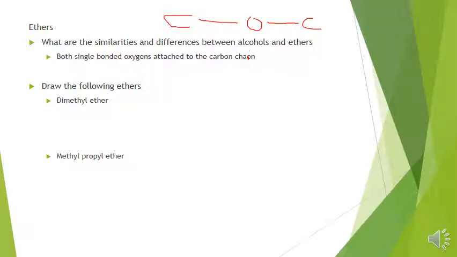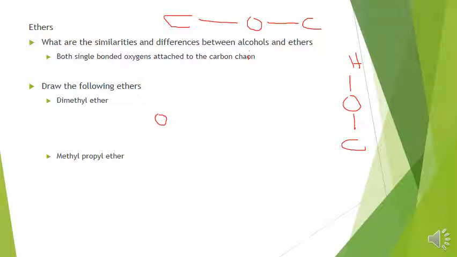So in alcohols, the oxygen has single bonds to a hydrogen and a carbon. For an ether, the oxygen has single bonds to 2 carbons. All right. So what I'm going to do is give you a name, figure out the formula, or you could go all the way around. So when you have an ether, you have an oxygen, and you have groups attached to it on either side.